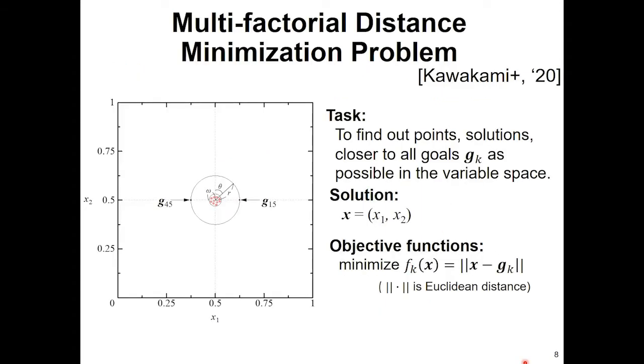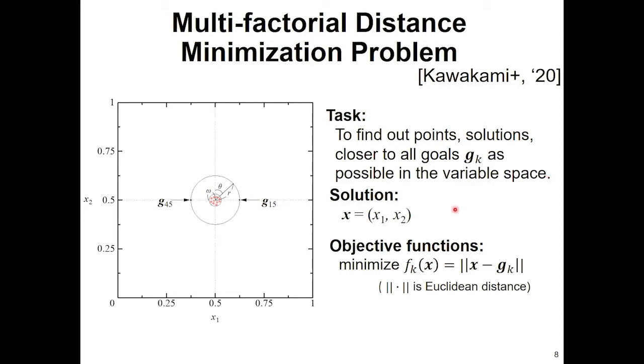In this work, we use the multifactorial distance minimization problem as a benchmark problem. The multifactorial distance minimization problem places goals in a two-dimensional variable space. The task is to find points, solutions, as close to all goals gk as possible in the variable space. Therefore, there are the same number of objective functions as goals.